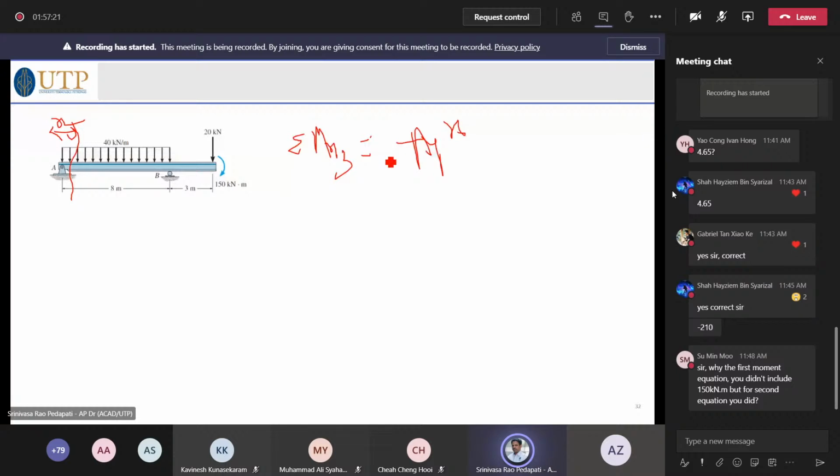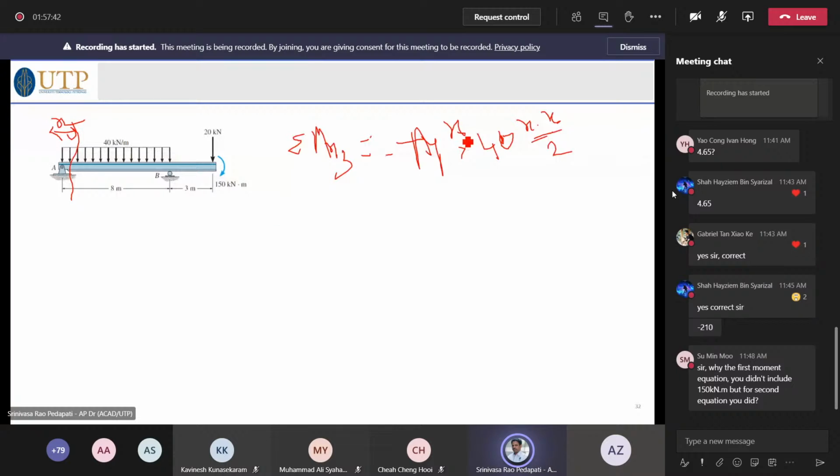Anti-clockwise here is plus on this left hand side, and minus 40 times x, the load, which acts at x by 2 distance. So this is our equation on the left hand side.